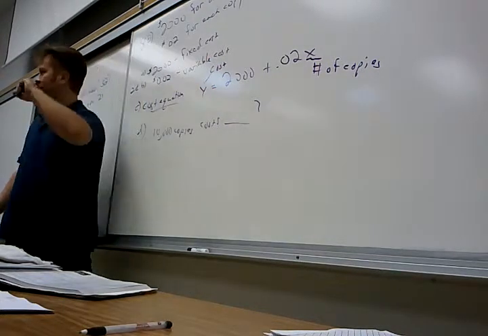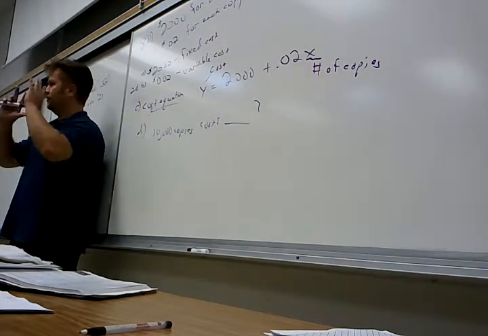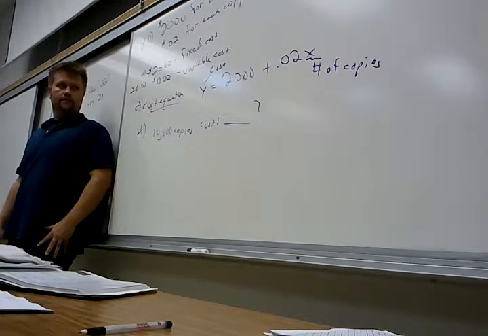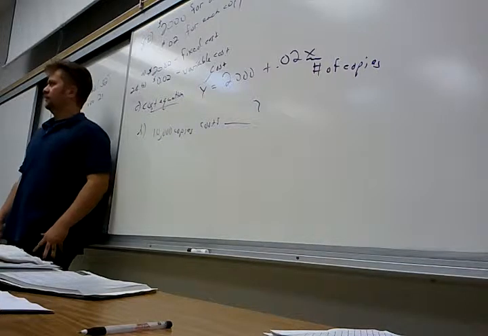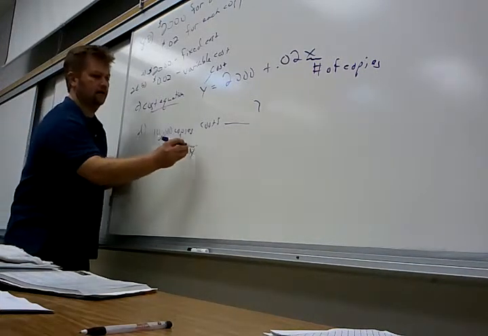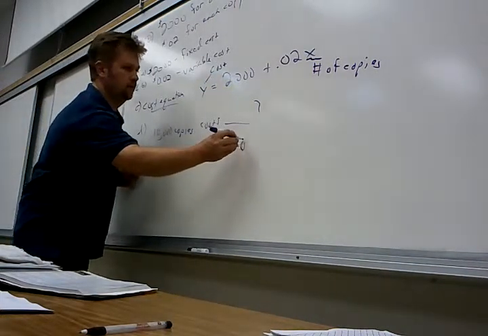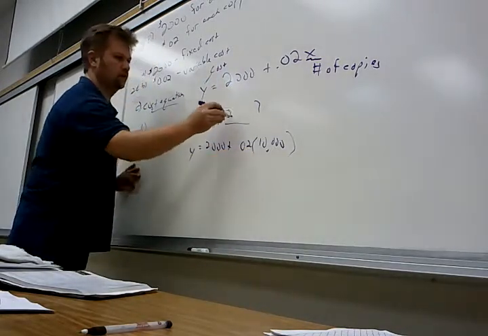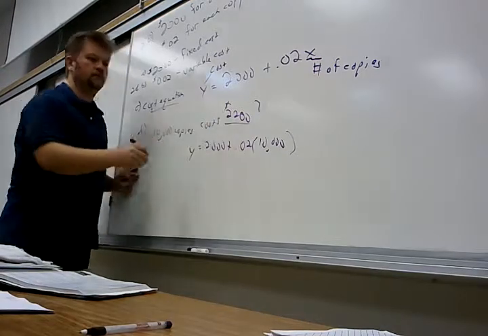Plus 20 cents for every copy. So now you put for this guy 2,000 plus 0.02 times 10,000 copies, and that's where the $2,200 comes from.